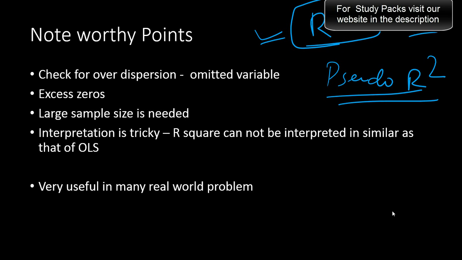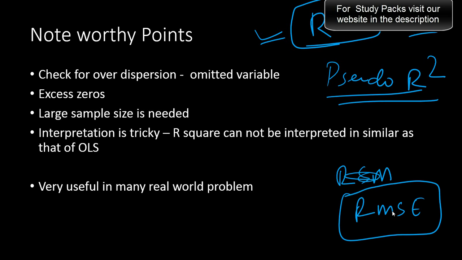Okay, so if you're doing a predictive model, find out the root mean square error. So that's one best way. Build a model in training data and validate it in test data or hold out sample data, right? So that's one way of ensuring that your model is performing really good or not.